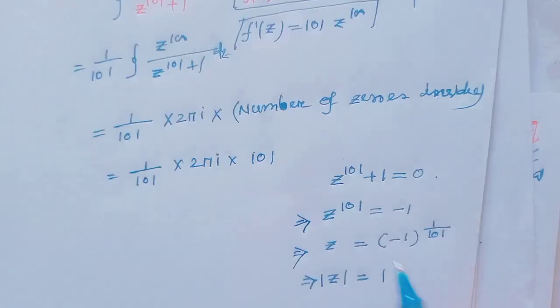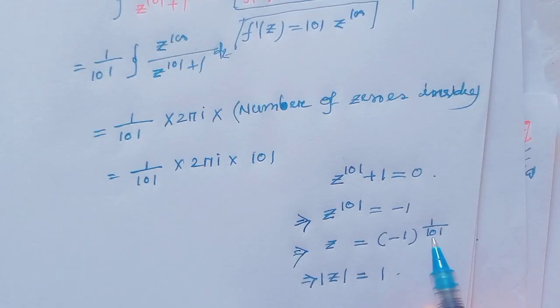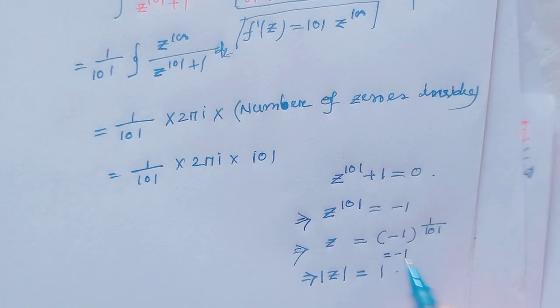That means z equal to minus 1 to the power 1 over 101, and this value is minus 1.